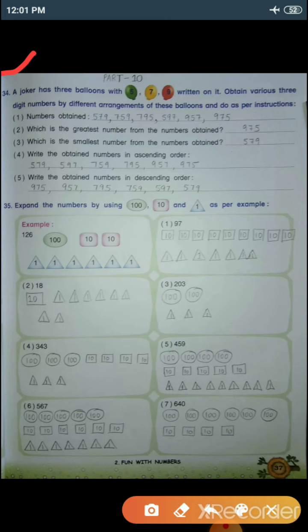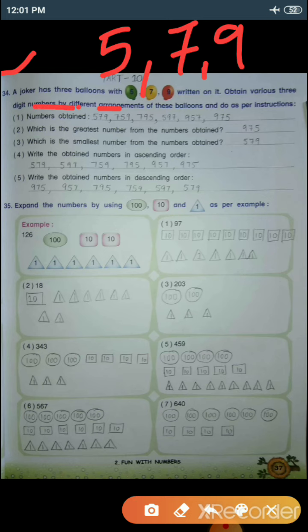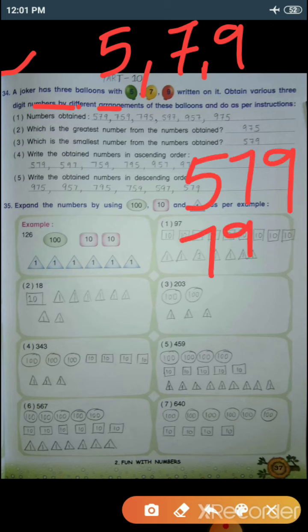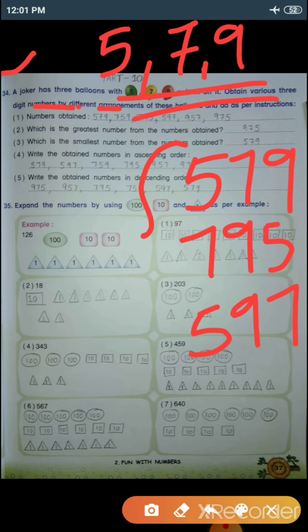With the help of these 3 digits, 5, 7 and 9, we are going to make different numbers. For example, you can make 579, 795, then 597.